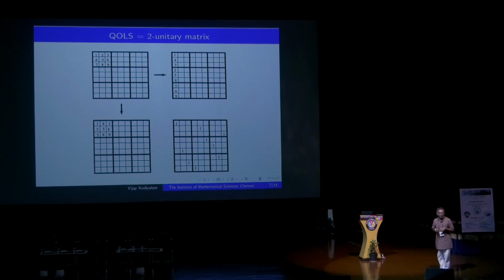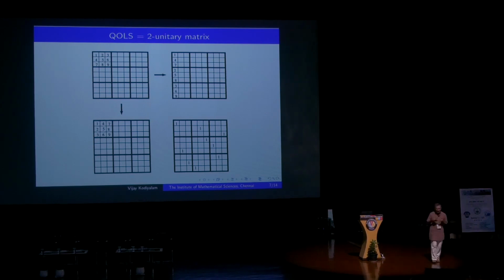This might seem, why would one want to do such operations? But it turns out that this forms the building blocks to whatever you can do to a unitary matrix of size d squared. These two operations. So a matrix is said to be a quantum orthogonal Latin square if this matrix originally should be unitary.